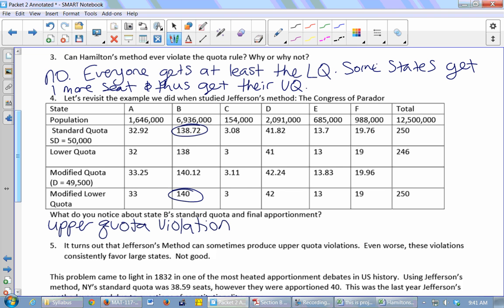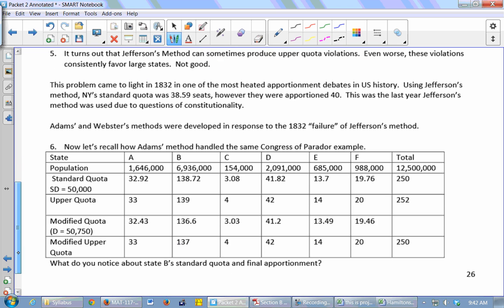And we noticed this when we first did this problem, if you remember. And it turns out that Jefferson's method not only produces these violations, but even worse, they consistently favor large states. State B has the largest population, and they're the state that got that extra seat. So this is not good.